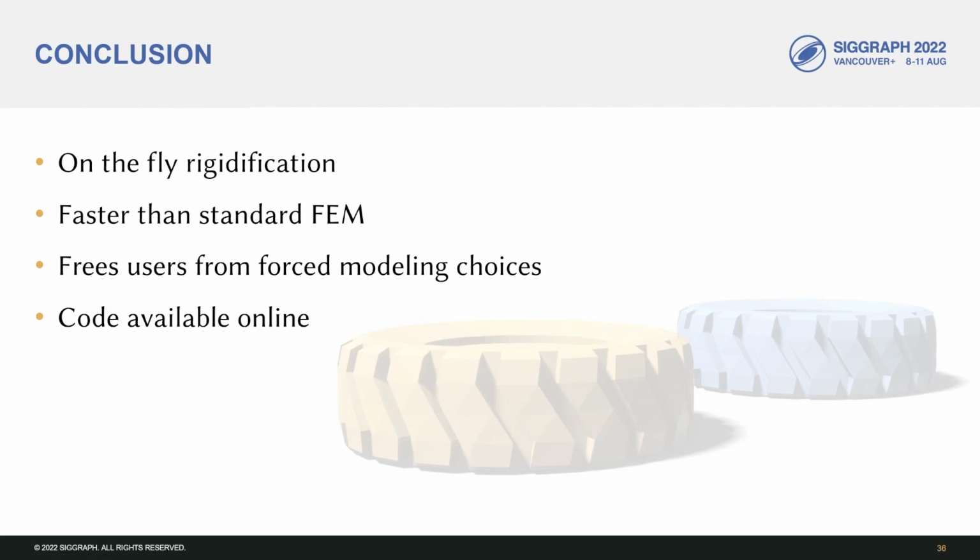Our method is faster than standard non-adaptive methods in all of the examples presented, and in many cases dramatically so. This is accomplished without sacrificing visual agreement with fully deformable methods. We can finally be free from forced modeling choices because our method will correctly adapt any given model based on the emergent physics of the simulation.